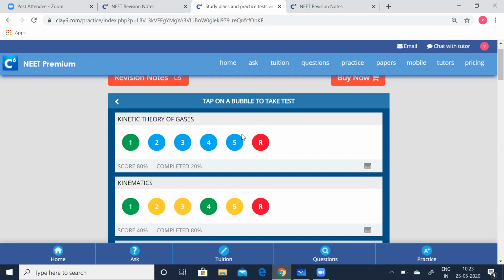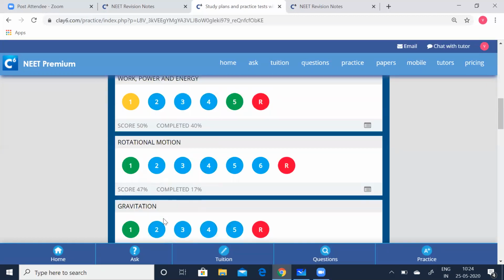The blue bubble says that you have not taken the test yet. The green one says you have already attempted it, but even then you can take it any number of times. If you're not satisfied with the results, maybe you're not thorough with the concepts, so you can go through them once again and then take the test any number of times. R is the red one, which is the random test, and yellow says you have an incomplete test.